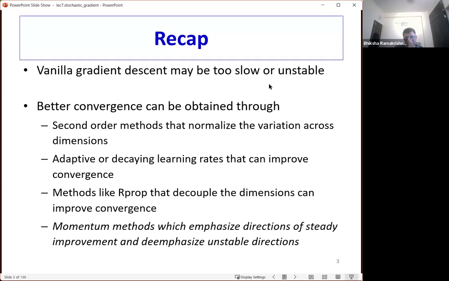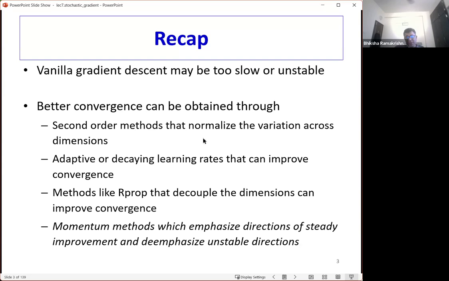So we also saw that vanilla gradient descent may be too slow or unstable. So we can get better convergence through second order methods that normalize variation across dimensions and using adaptive or decaying learning rates that can help you escape from local minima and improve convergence to a better minima.